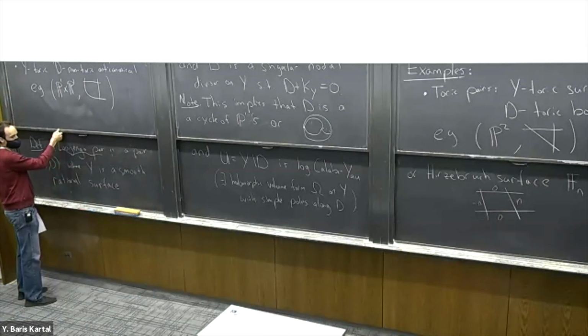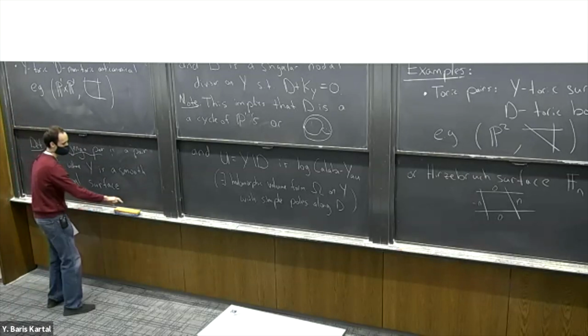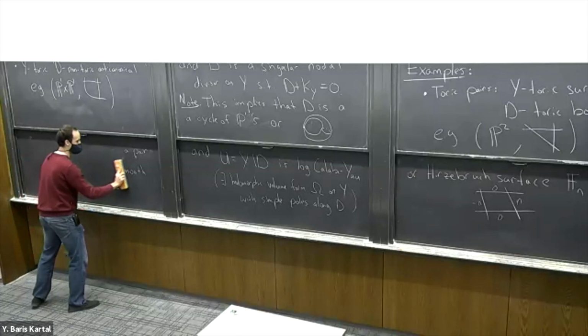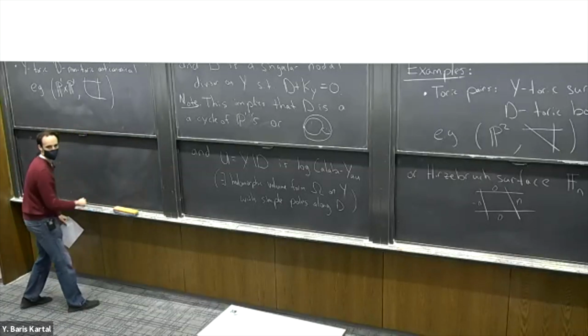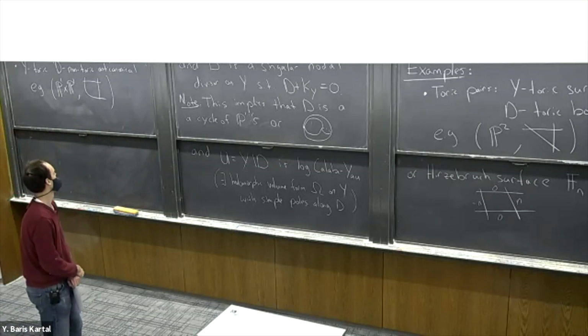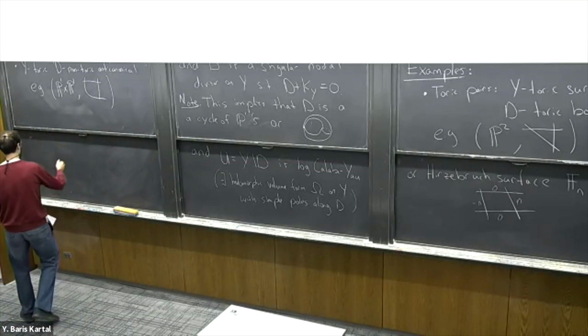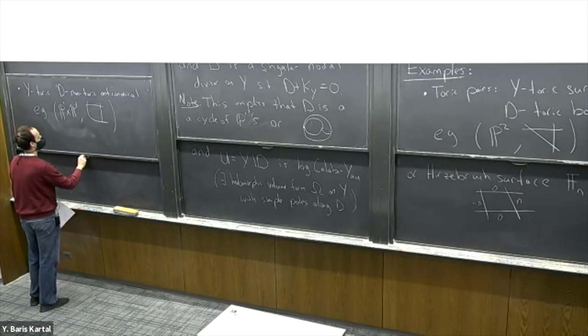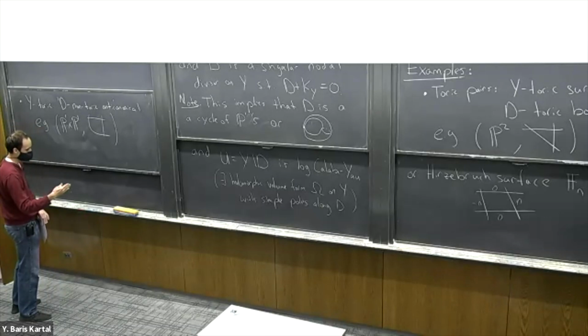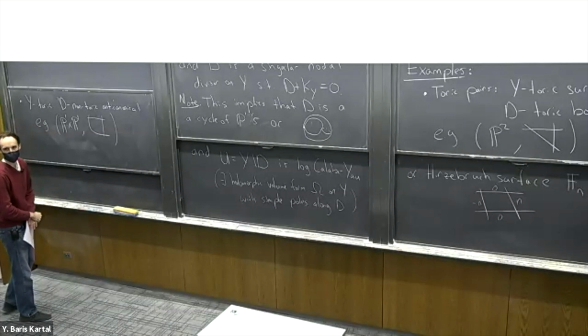There are operations that you can do on these to get more of them from one. These are not equivariant: there's no C star action, it's not an invariant divisor.